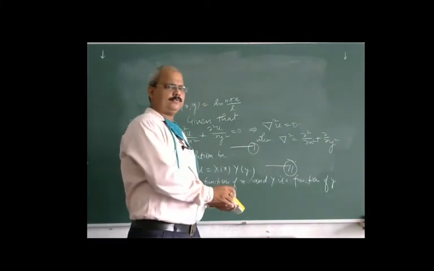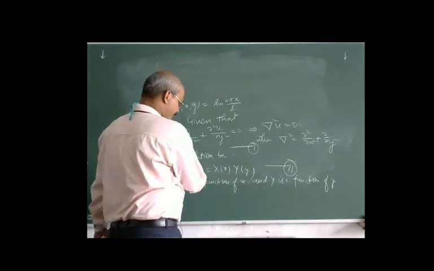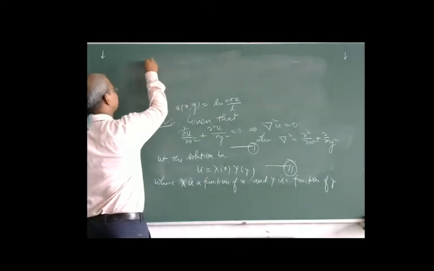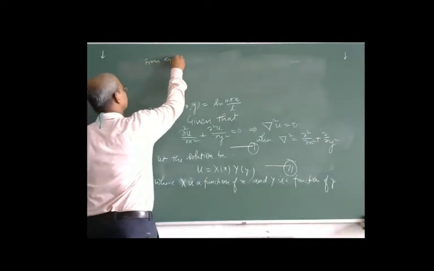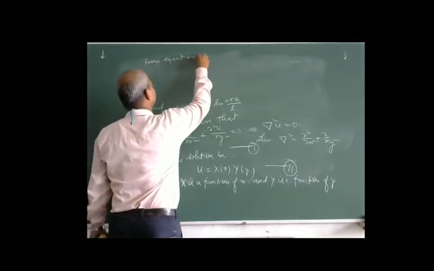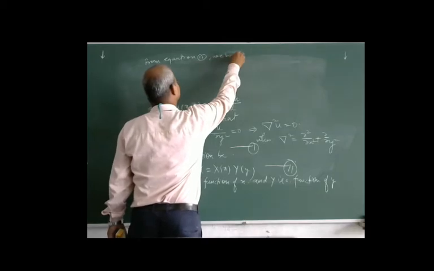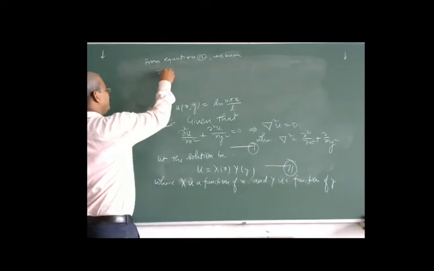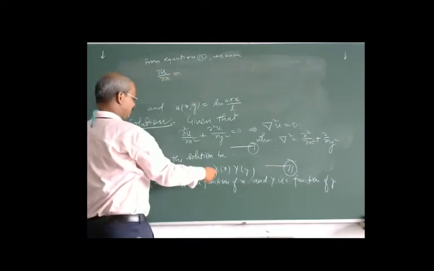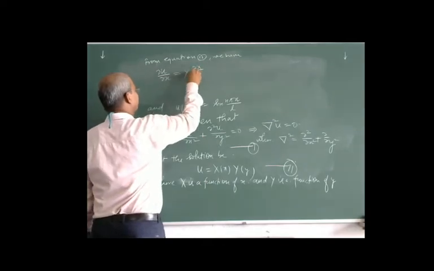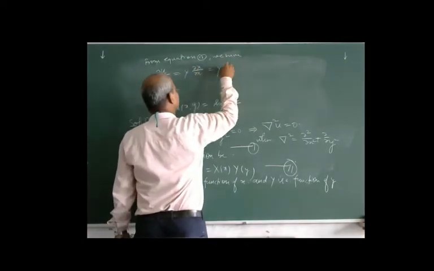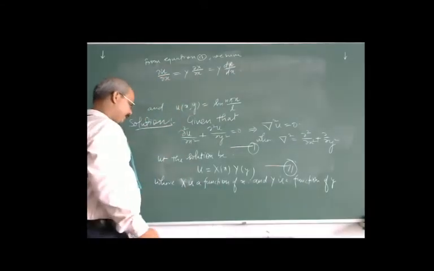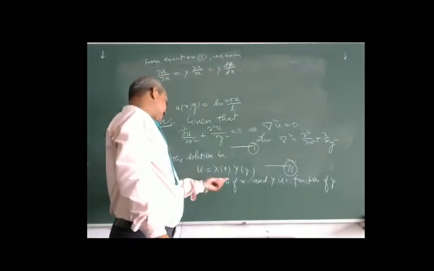So from equation 2 we have del u by del x is equal to Y dX by dx, because X is a function of only x.